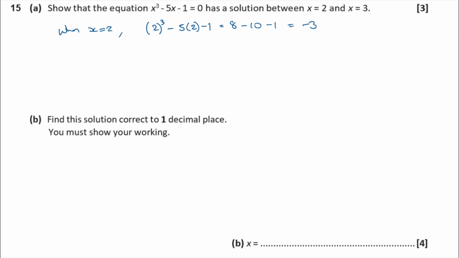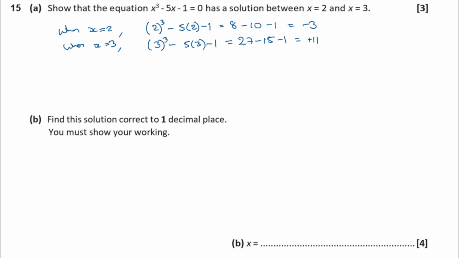Okay, and then when x equals 3, I've got 3 cubed minus 5 lots of 3 minus 1. That's equal to 27 minus 15 minus 1. And that is 12, 11, positive 11.